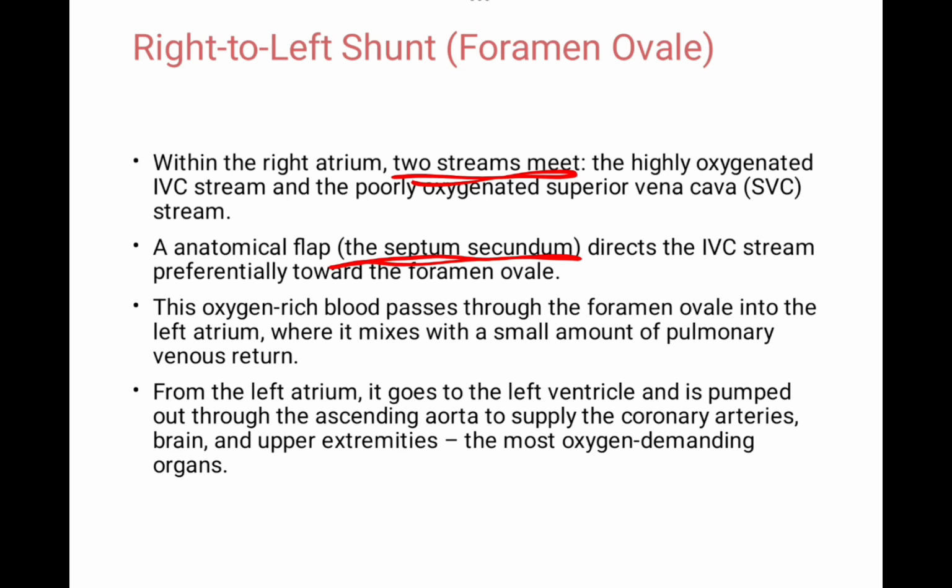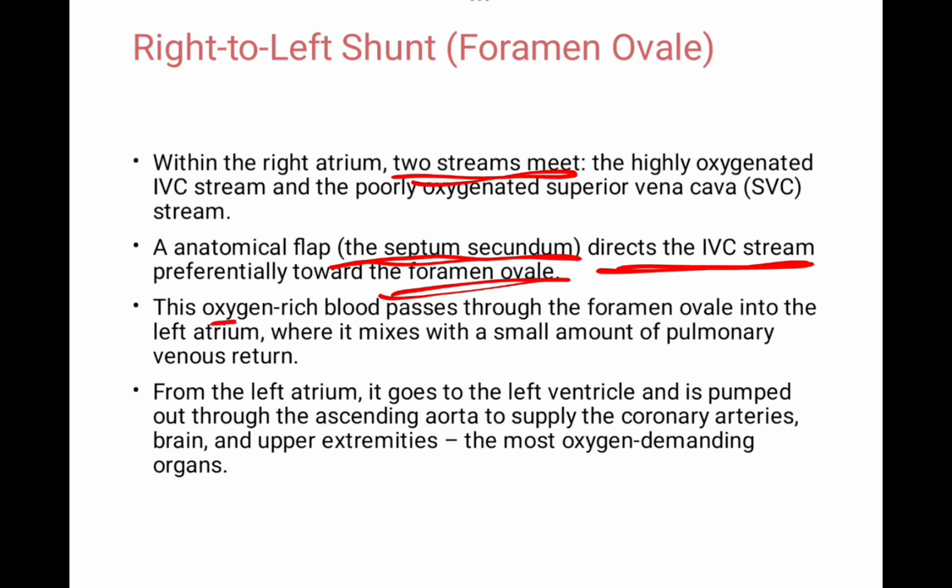The anatomical flap which separates the right atrium from the left atrium directs the IVC stream, blood from the inferior vena cava, which is highly oxygenated, preferentially towards the foramen ovale.